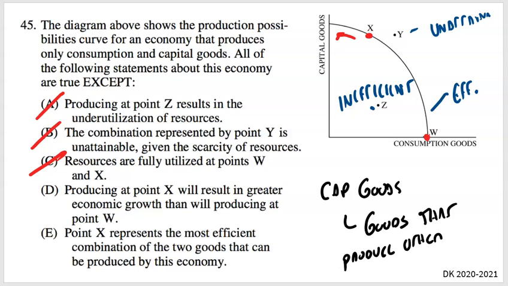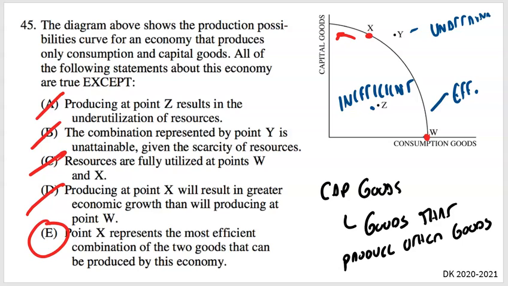So if you produce more capital goods, that means in the future you can produce a whole lot more, because you're producing goods that produce other goods. And so here, D is also correct, which, because we're trying to find the false statement, means it's incorrect. And so E is the only false statement out of these 5.